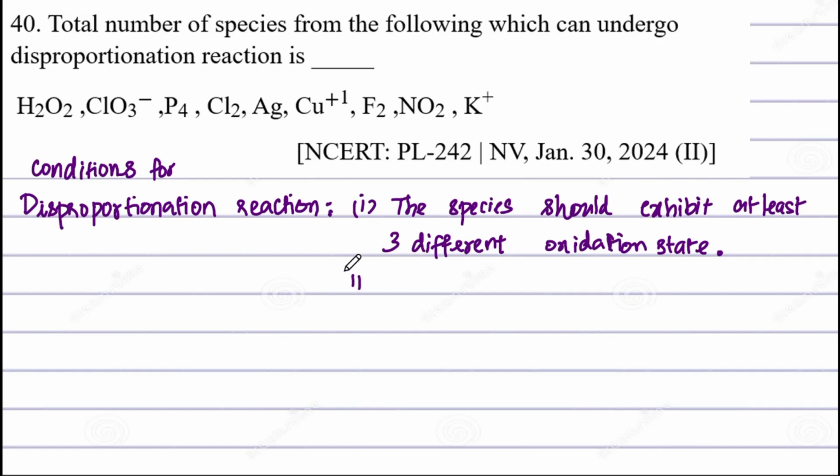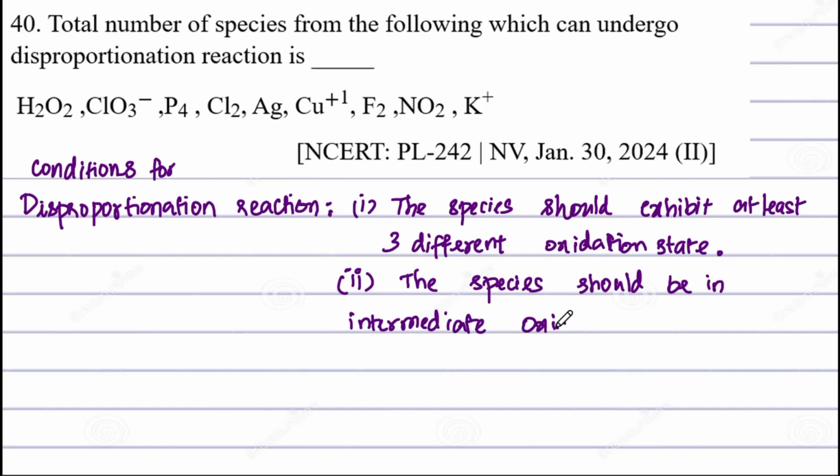And the second condition is the species should be in intermediate oxidation state. So for example, you can take oxygen. Oxygen exhibits -2 oxidation state, -1 oxidation state, as well as 0 oxidation state.